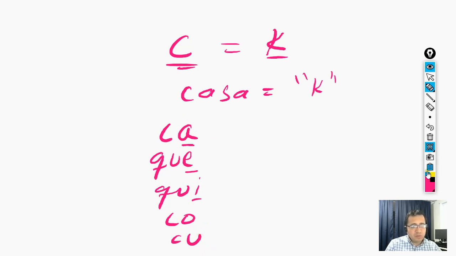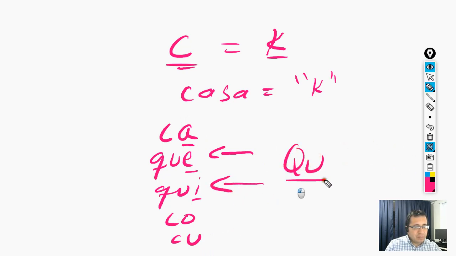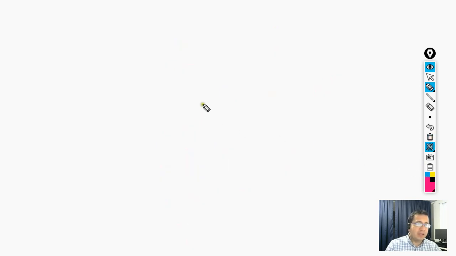So when we have the syllables E and I, we use this combination of letters, Q, that sounds K as well. Why? Don't ask me why. But that's how it is in Spanish.